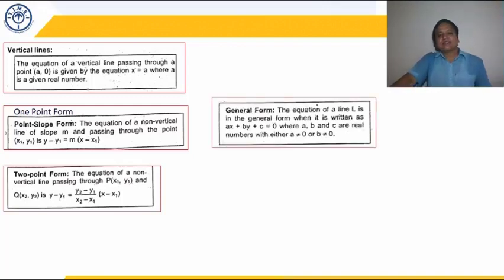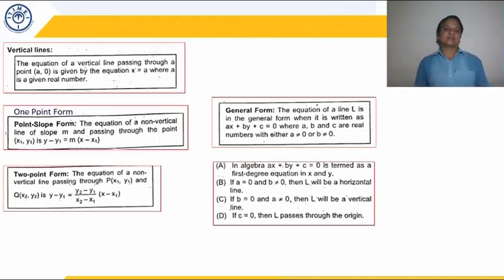General form: ax + by + c = 0, where either a is not equal to 0 or b is not equal to 0. We have certain conditions. In algebra, ax + by + c = 0 is termed a first degree equation in x and y. If a is equal to 0, that is the coefficient of x is 0 but the coefficient of y is not 0, then the line is a horizontal line parallel to the x-axis.